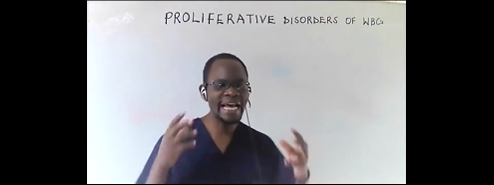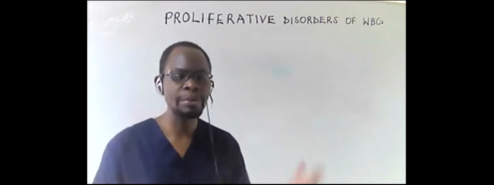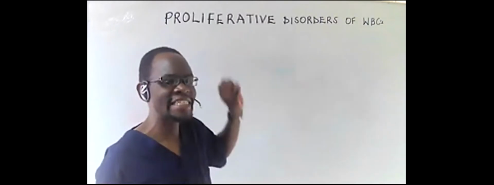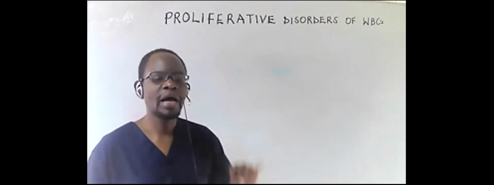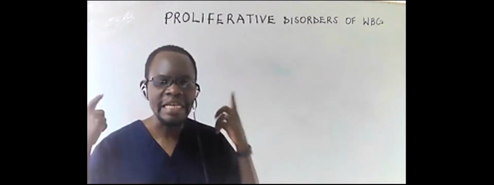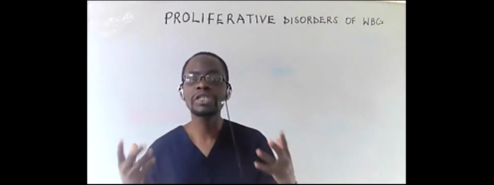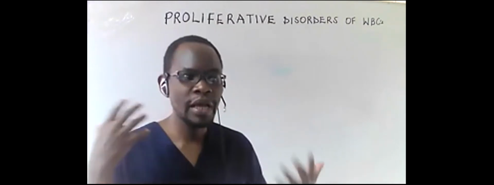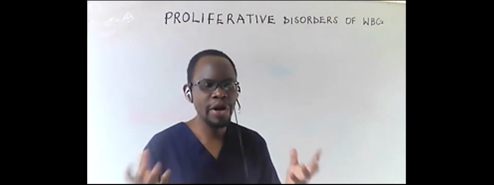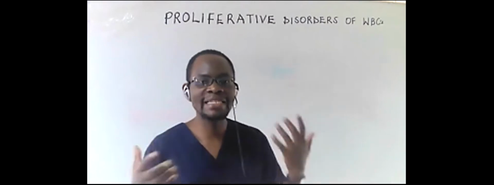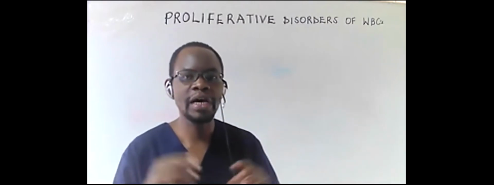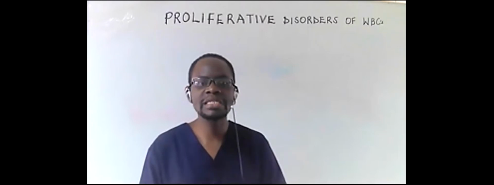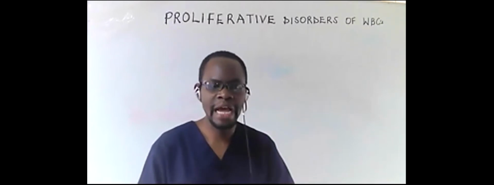You must understand some of these principles before you understand what leukemias are and what lymphomas are. These are things that are usually confusing, especially to the nurses. These things usually confuse us, but I pray that today you learn something out of them, because we are going to learn some of these things right from first principles.